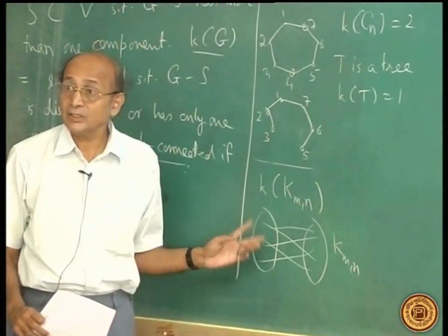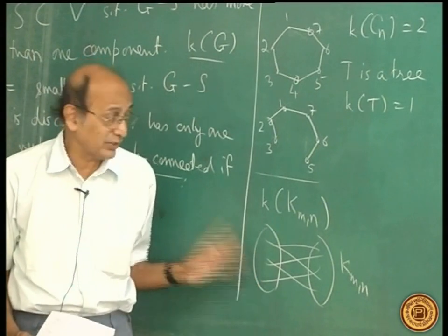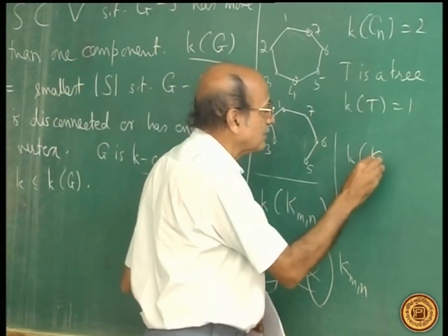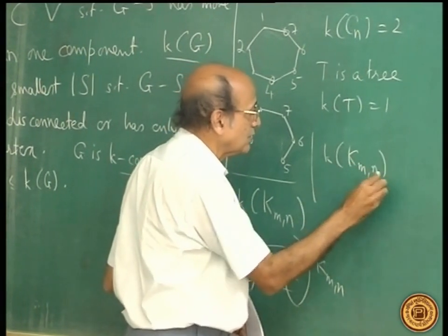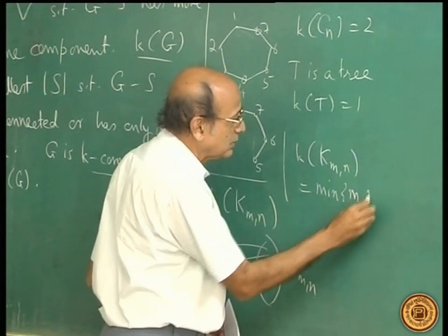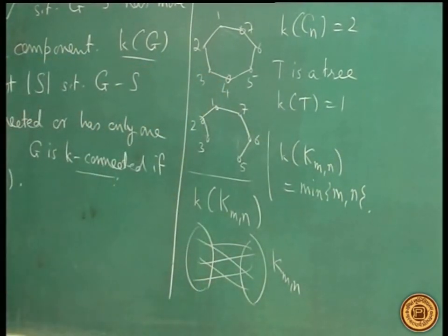All the vertices in one part. So the connectivity is the minimum, the smaller of M and N.